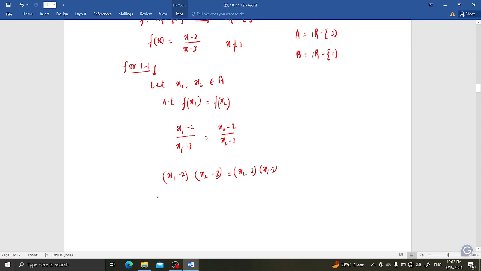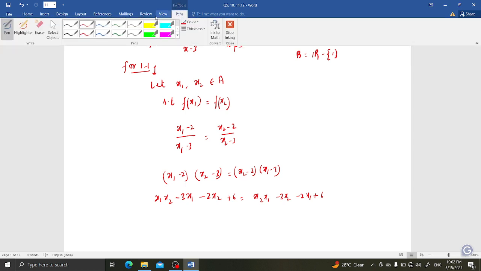Now we need to apply the distributive law here: x1 x2, then minus 3 x1 minus 2 x2 plus 6, and here we have x1 x2 minus 3 x2 minus 2 x1 plus 6. How many things cancel?